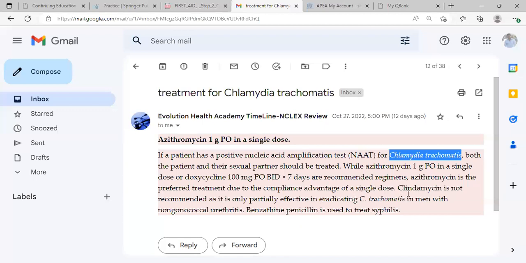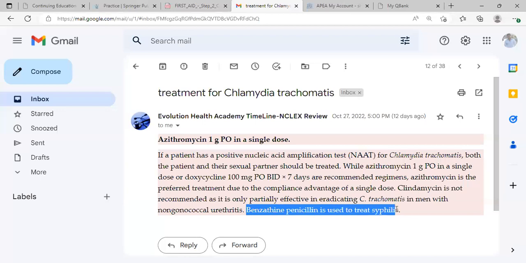So clindamycin is not recommended, as it is only partially effective for eradicating chlamydia in men with non-gonococcal urethritis. Benzathine penicillin is used to treat syphilis, not for chlamydia.